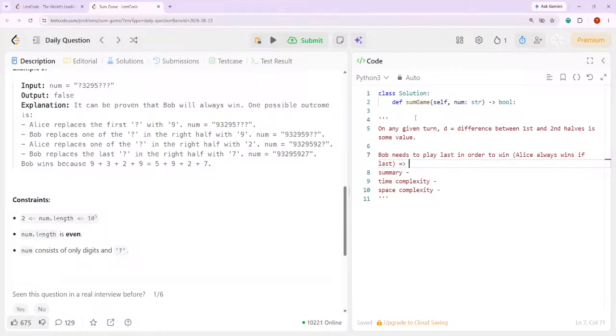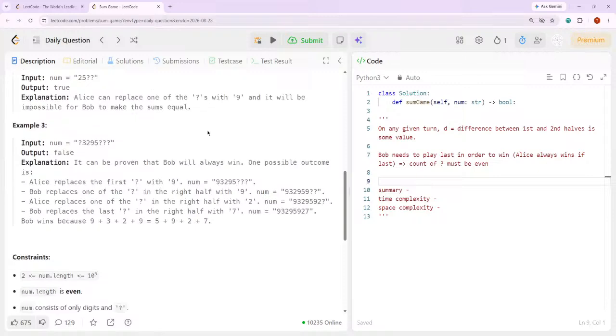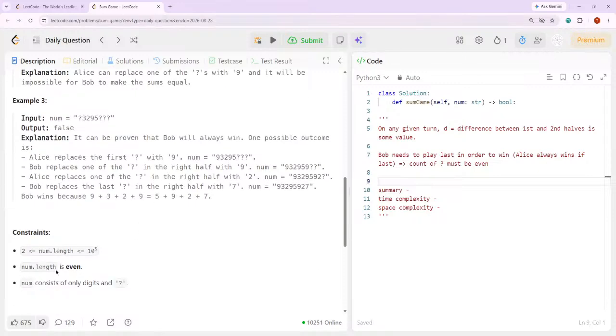Because the first question mark is Alice playing it. I wonder if that was one of the constraints. What else is going to happen?